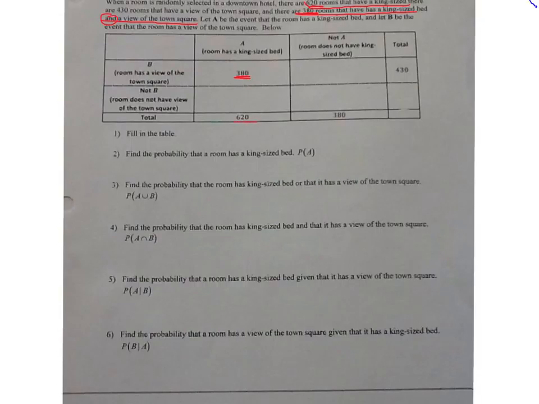So that's right down here. King-size bed total is 620. So to get the number of rooms that don't have a view of the town square, I have to take these two and subtract them because together they have to add up to be 620. So I have 620 minus 380 and I get 240. All right, so that's going to go right in here. So this will be 240.